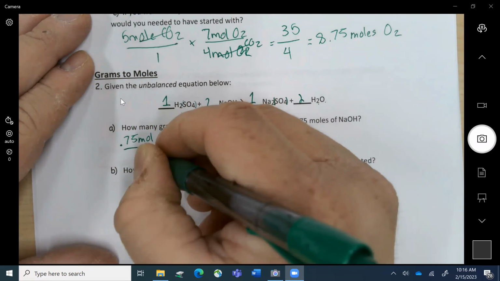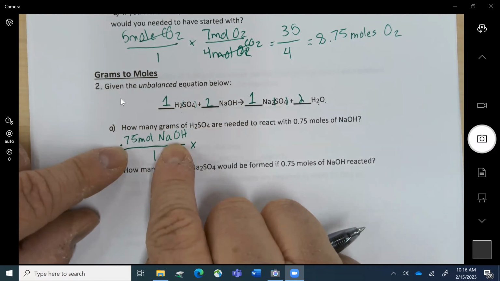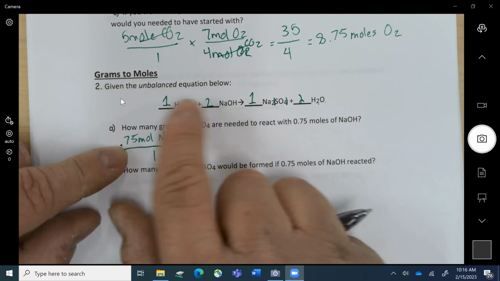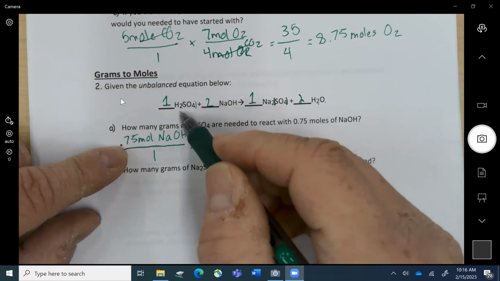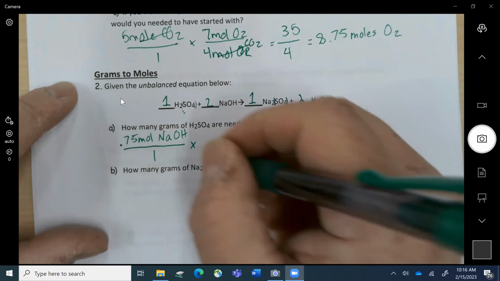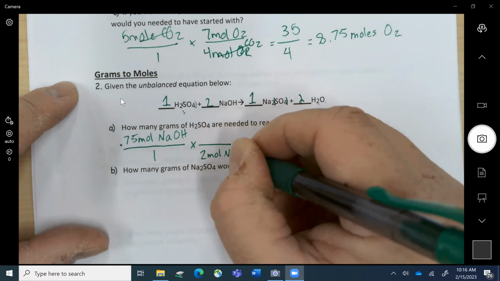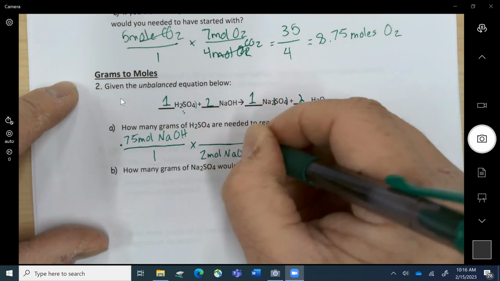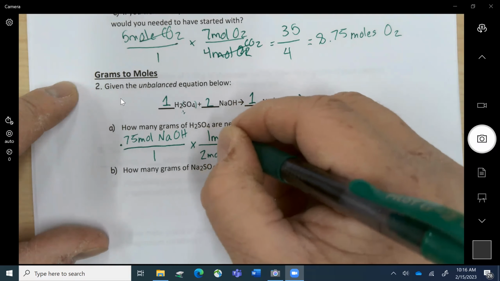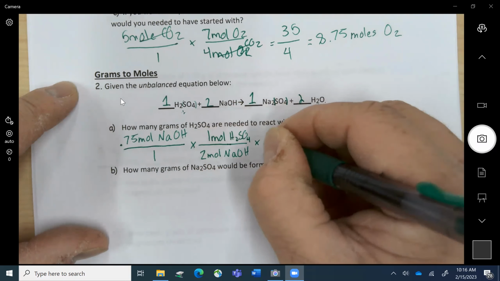So what you're gonna do with this is you're not gonna find the grams per mole of NaOH, because we can use the moles to get to here, but I will have to determine how much H2SO4 weighs. So I'm going to do 2 moles of NaOH to 1 mole of H2SO4 or sulfuric acid.